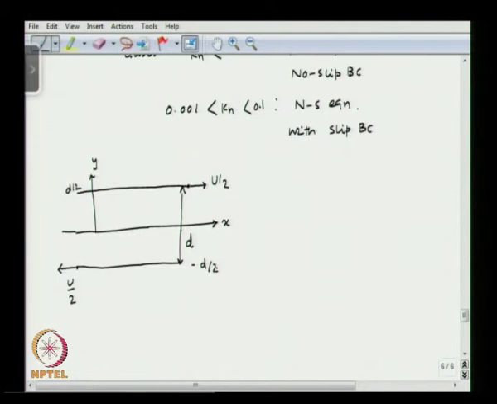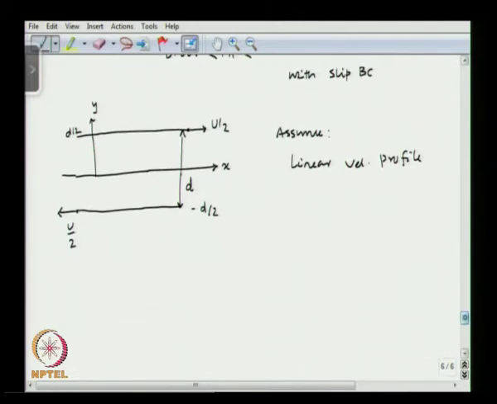Okay. So, we assume the velocity profile to be linear. So, linear velocity profile, which you know from the liquid flows. So, if you do that, you can write u(y) will be a plus b y. Okay.